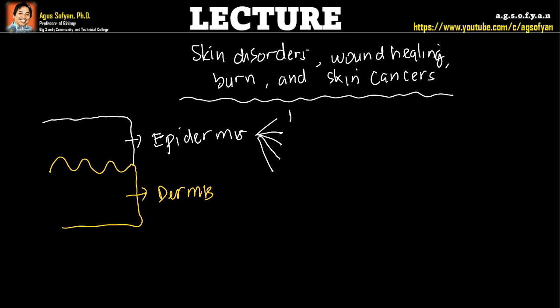The most abundant one is called the keratinocyte. It carries water repellent proteins called keratin. The second one is called the melanocyte. It produces melanin, which is dark skin pigment.